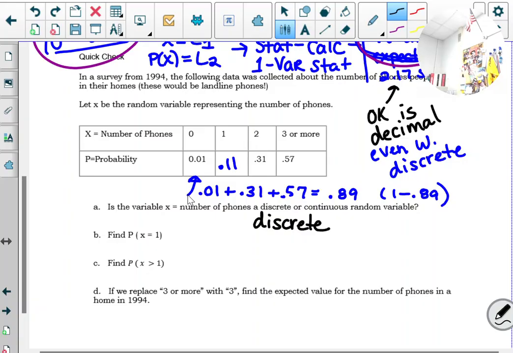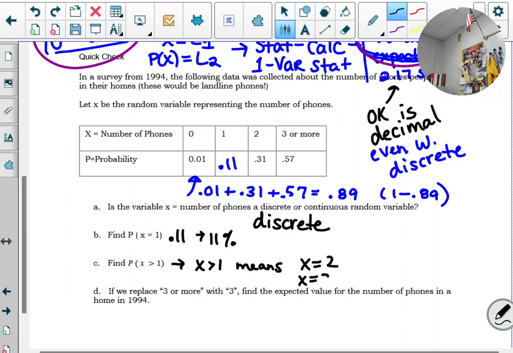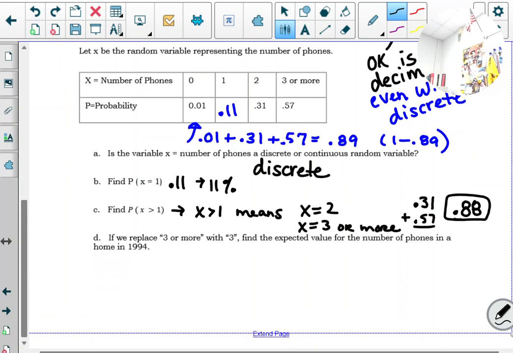The probability that x equals 1 is 0.11 or 11%. The probability that x is greater than 1 means x equals 2 or x equals 3 or more. That's 0.31 for 2, 0.57 for 3 or more. And so it's about an 88% chance that if you randomly picked a house in 1994, it would have more than one phone in the house.